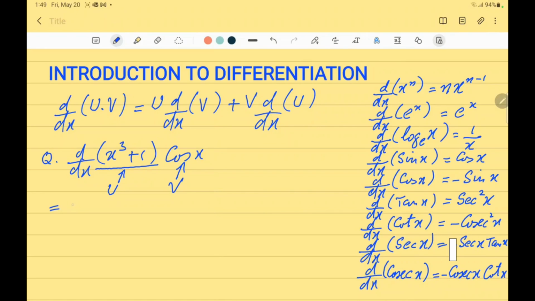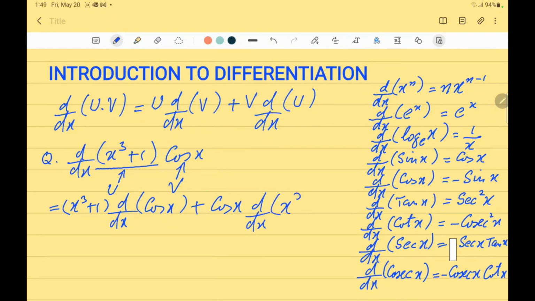First we have to write u, which is x cube plus 1, multiplied by d by dx of cos x, plus we have to write v, which is cos x, and then multiply it with the differential of u, which is x cube plus 1.